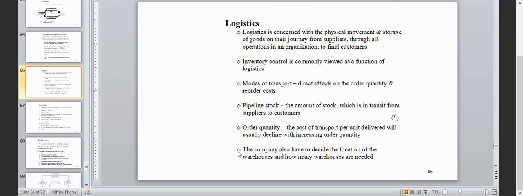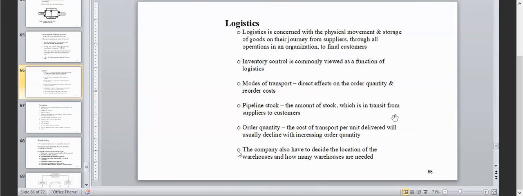Pipeline stock is the amount of stock in transit from supplier to customer, and the cost of transport per unit delivered will usually decline with increasing order quantity.